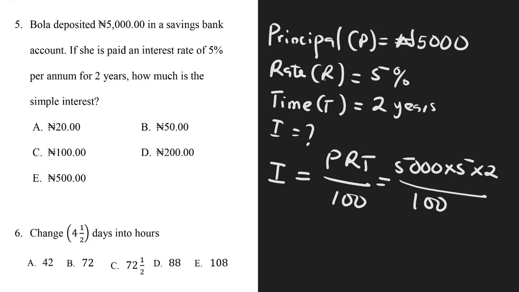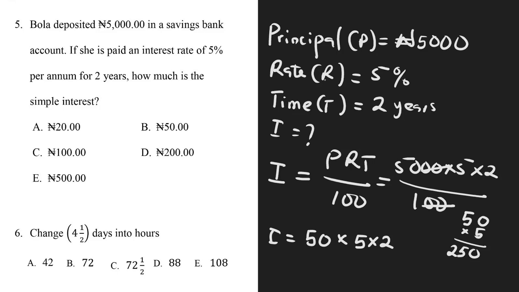So you know that these two zeros will cancel these two zeros. You are left with what? You are left with I is also 50 times 5 times 2. Is that not? So 50 times 5 is what? So let's multiply and see. 50 times 5. So 5 times 0 is 0 and 5 times 5 is 25.